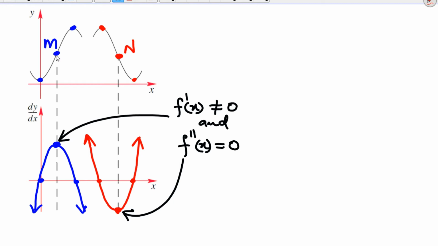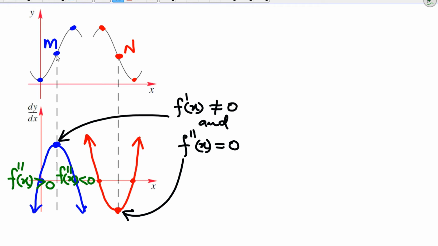Before I even continue, there's something else that you need to know here. If you look at the gradient function, on the left of M, we can see that the slope of the slope here is increasing. It's positive, so it's greater than 0. Here, the slope of the slope is less than 0.